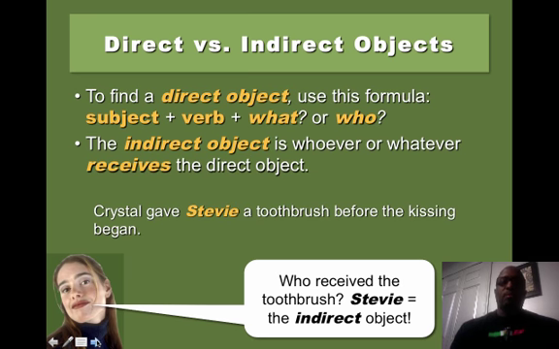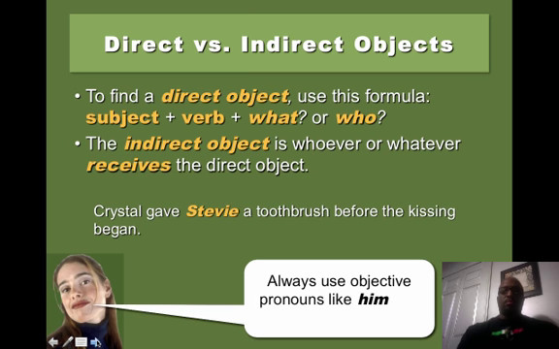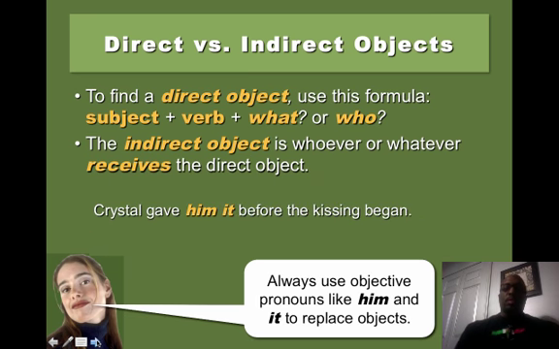Keep that in mind: the direct object is subject plus verb plus what or who. The indirect object is whatever or whoever receives the direct object. Always use objective pronouns like "him" and "it" to replace objects: "Crystal gave him it before the kissing began."